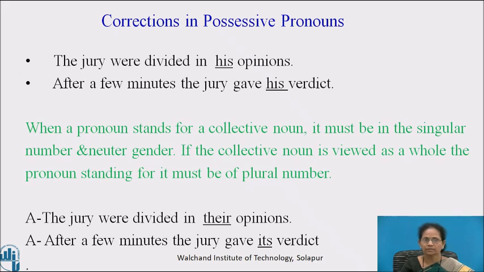If the collective noun is viewed as a whole, the pronoun standing for it must be of plural number. So see the answers. The jury were divided in their opinion. In this sentence, jury as a collective noun is used in a plural form. That's why the pronoun is also in a plural form. And in the second sentence, after a few minutes, the jury gave its verdict.